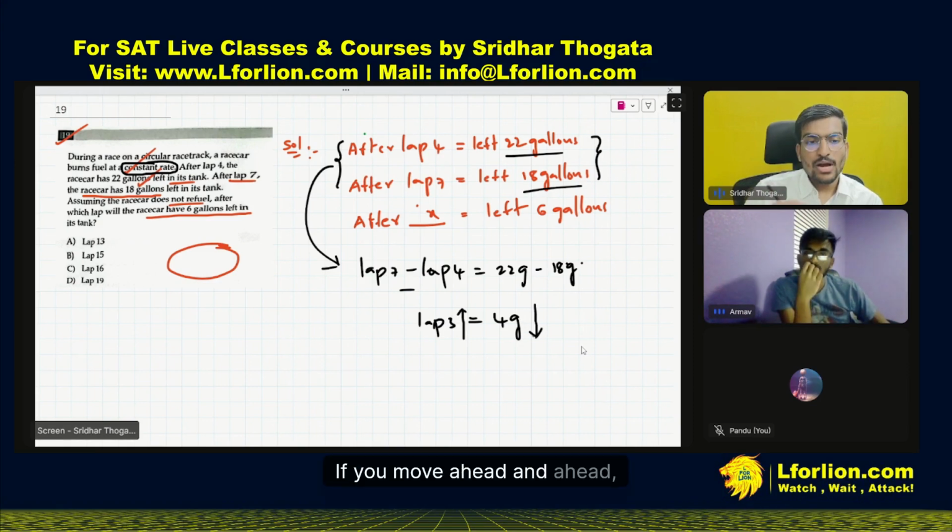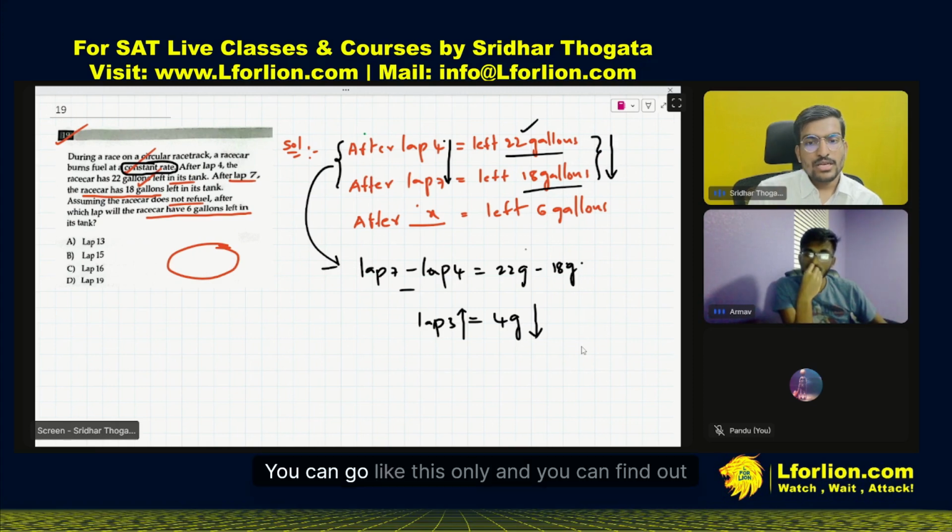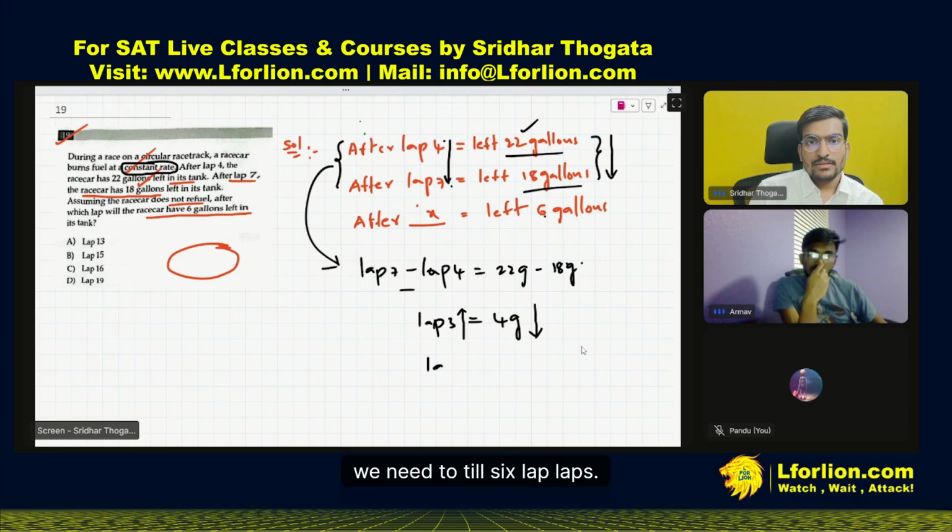If you move ahead, what happens? The fuel in the tank decreases, right? So it is actually 22 at lap 4. When the lap increased to lap 7, it did 3 more laps, then fuel decreased. You understood? You can go like this and find out. We need to go till 6 gallons.